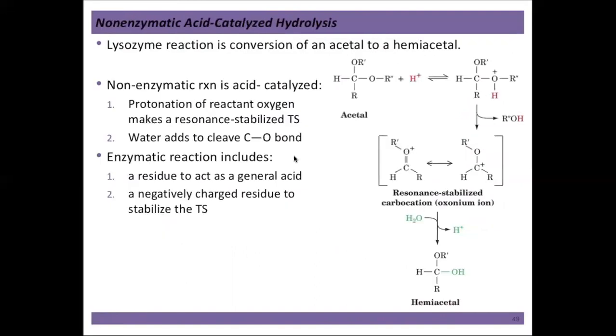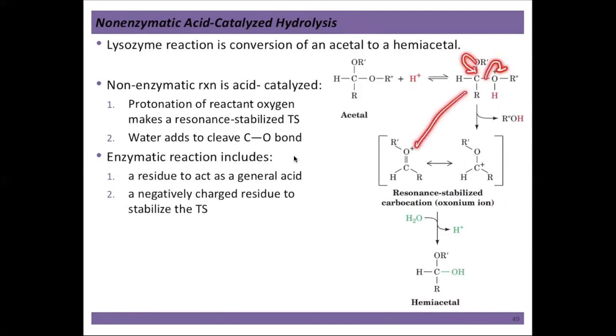So the lysozyme reaction is the conversion overall from an acetal to a hemiacetal. This is the reverse of the reaction that we talked about in carbohydrates, where we wanted to form an acetal. We're going in reverse. In short, what we can do is protonate one of those oxygens. That makes a good leaving group. You can think of these electrons collapsing down and kicking that out.